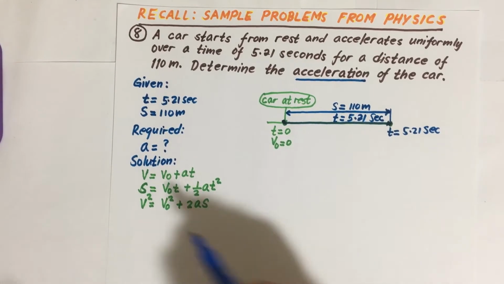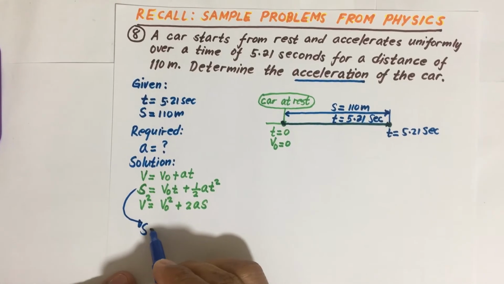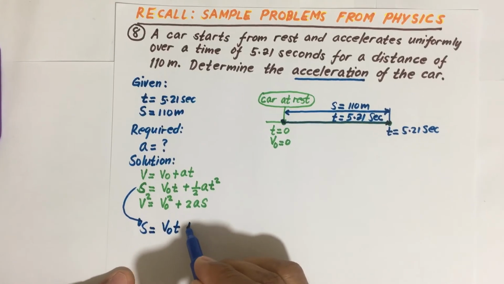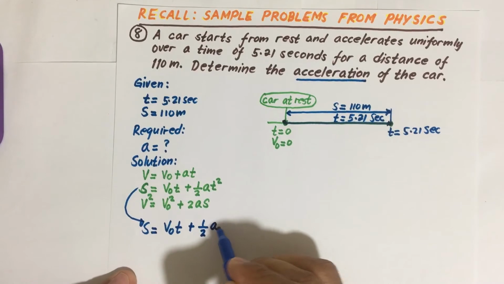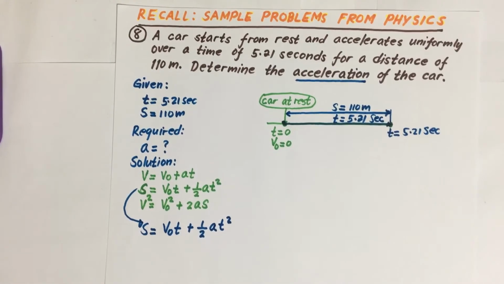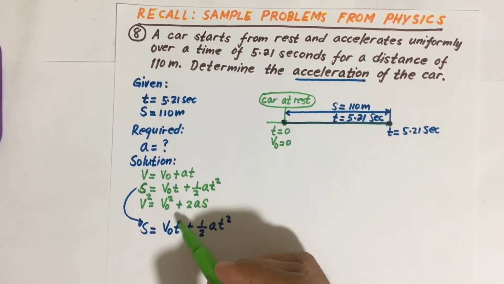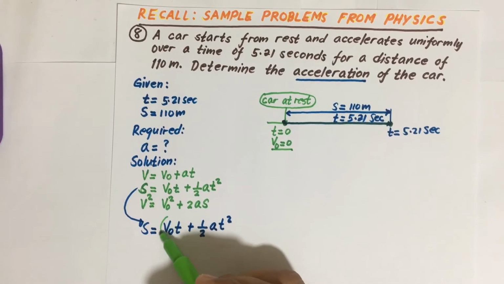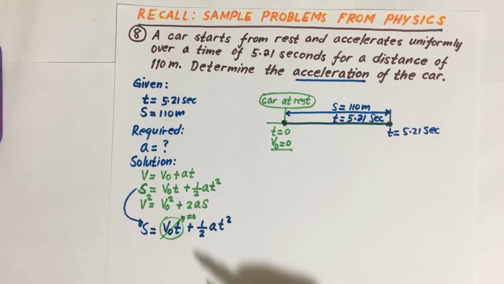Okay, so using this formula, s equal to initial velocity multiplied by time plus 1/2 times the acceleration times the square of the time. From our illustration, at rest, the initial velocity is equal to 0, so the first term becomes 0.